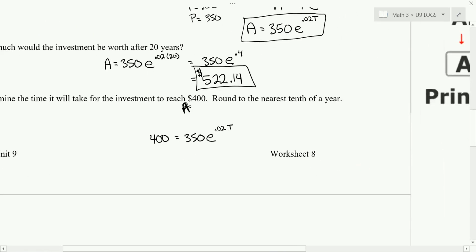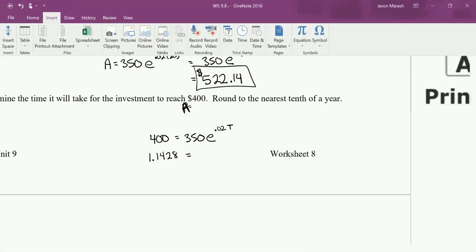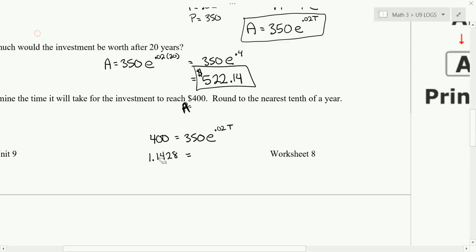So first step, divide both sides by 350. Well, you know what? I'm going to leave it in fraction form until the end.